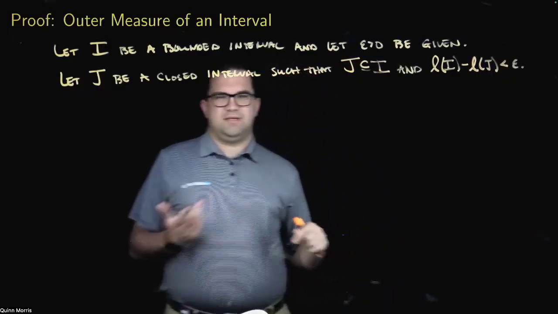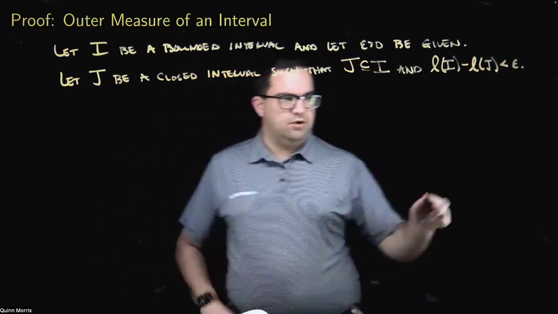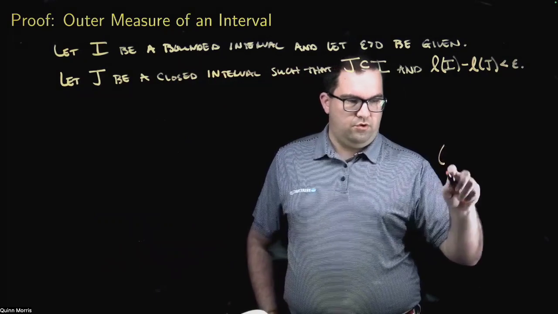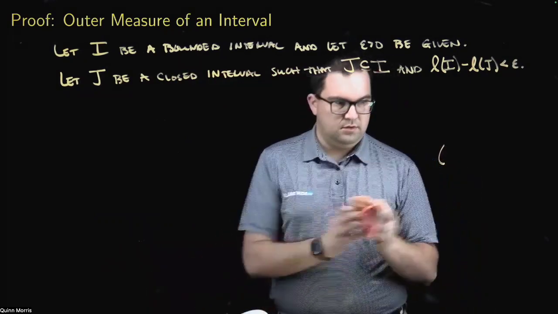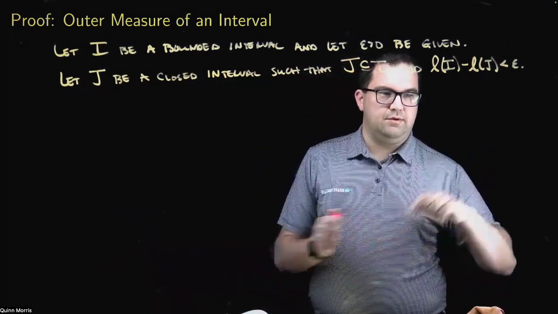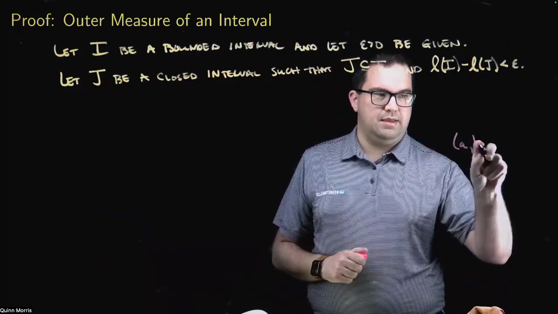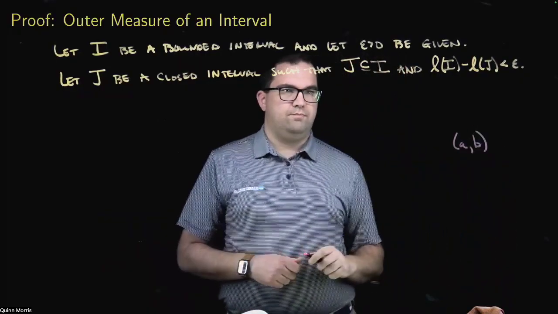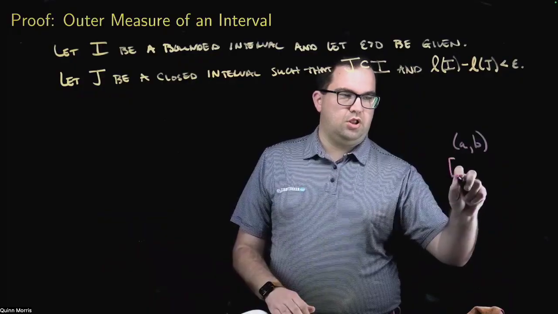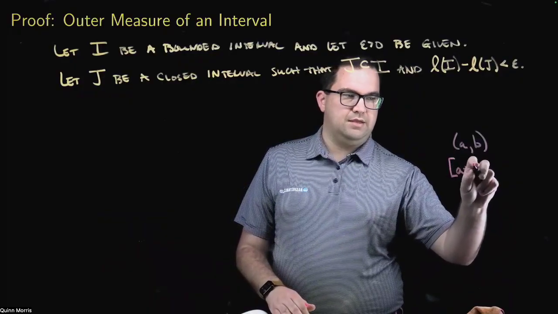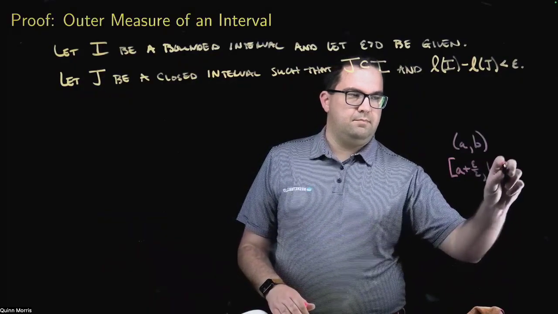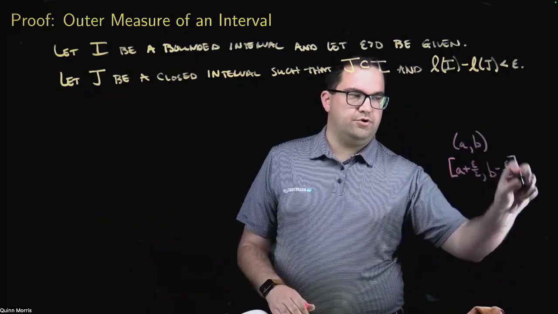Now, you can actually write out explicitly how you would do this. Like if the interval you were dealing with was A, B, the open interval, then you would choose the closed interval A plus epsilon over 2, B minus epsilon over 2.